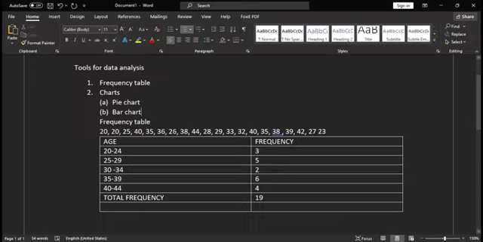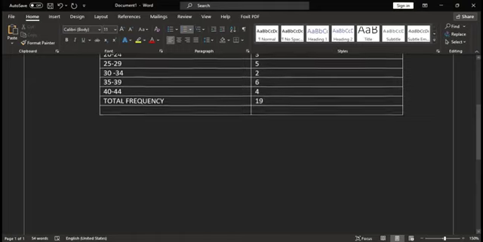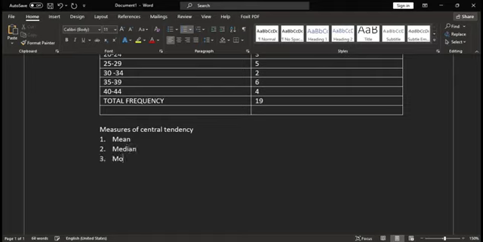Let's take it down again. Measures of central tendency. You have 1, the mean, the median, and mode.